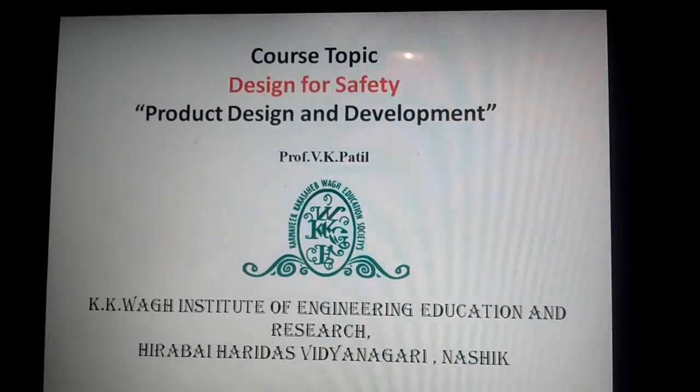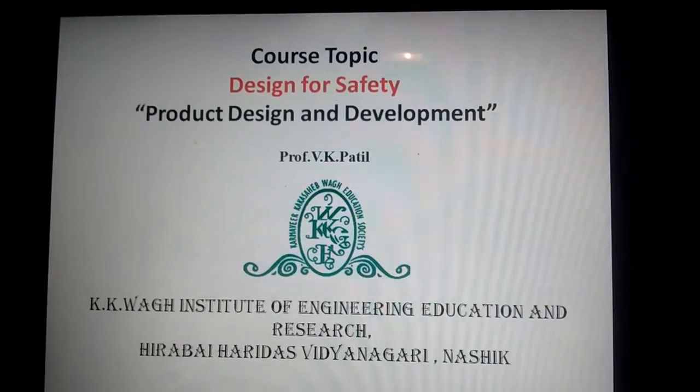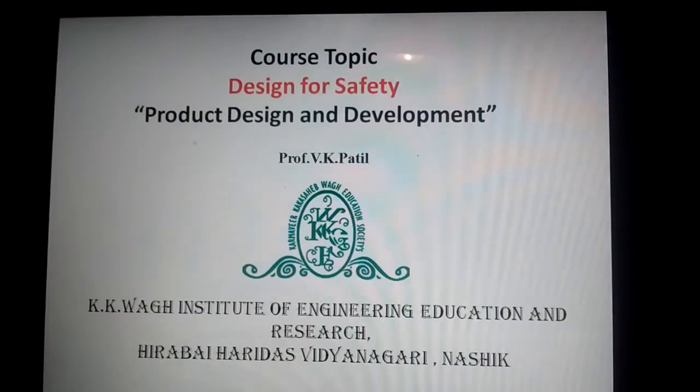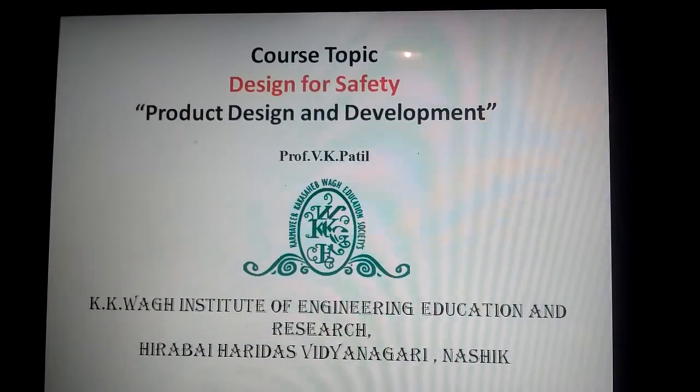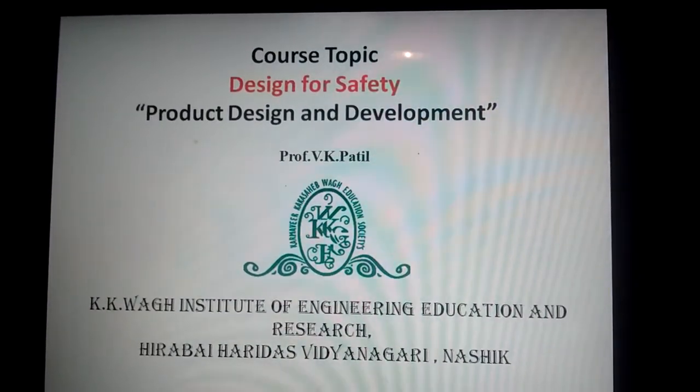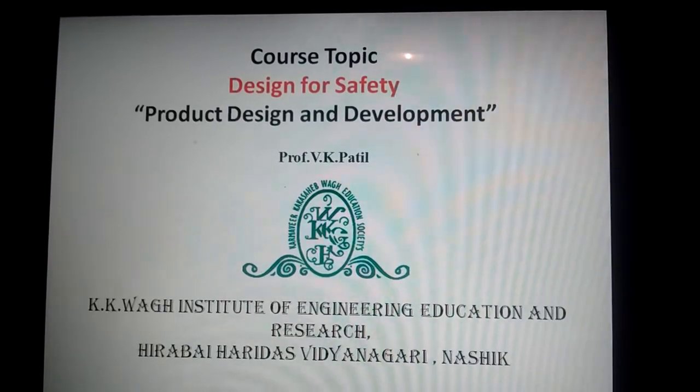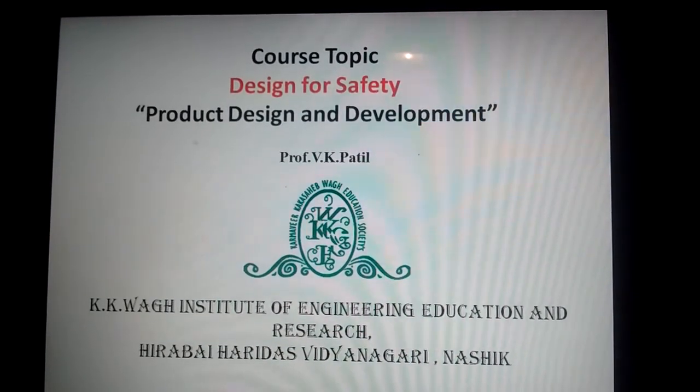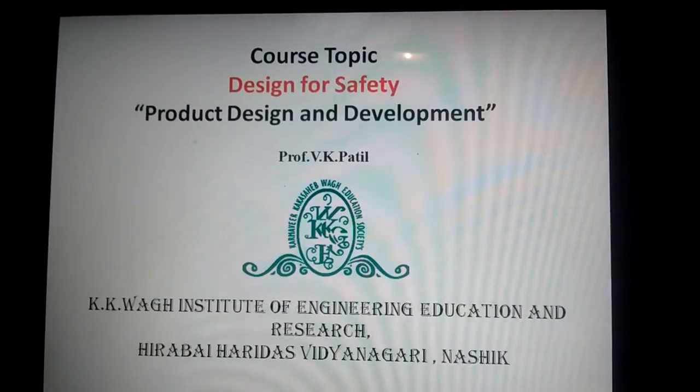In the previous lecture, we discussed design for robustness, its applications and its design parameters. In today's lecture, we will discuss safety and the application of safety in the design of various products.